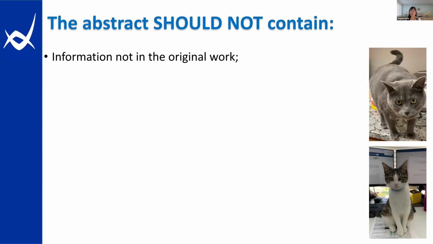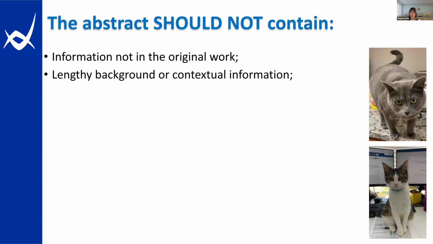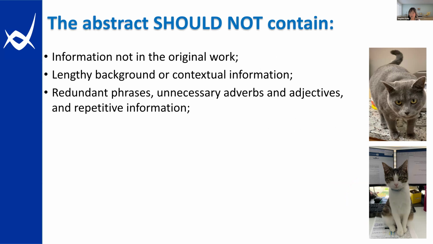So the abstract should not contain information that is not in the original work, lengthy background or contextual information, redundant phrases, or unnecessary adverbs or adjectives like surprisingly, interestingly. Those things you can put in your manuscript, but not in the abstract, okay? And repeated information.